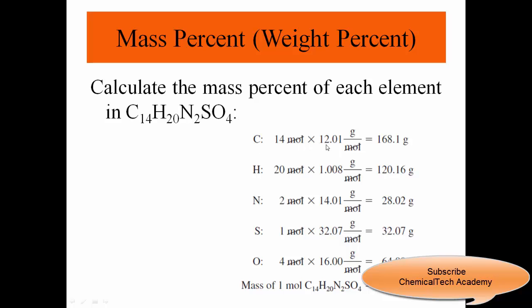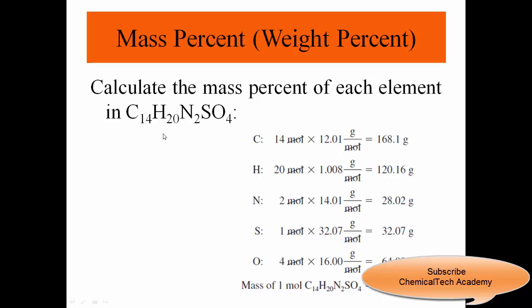So 14 times 12.01. For hydrogen, we have 20 times 1.008. Nitrogen, we have 2 times 14.01. Sulfur, we have 1 times 32.07. And oxygen, we have 4 times 16. So we get these numbers, and if we add all of them together, we get 312.4 grams, which is the molar mass of this compound.